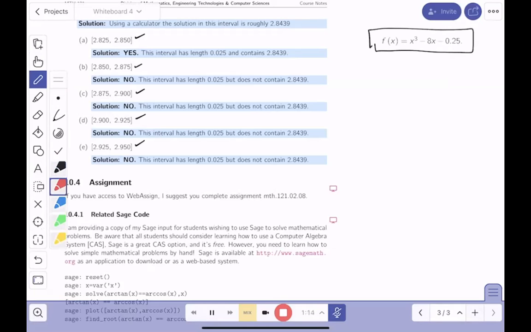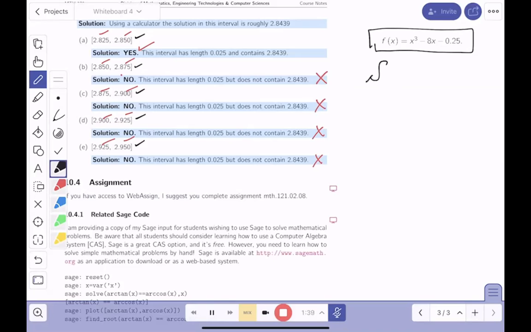You want to look at the endpoints. You want one to be positive, one to be negative. If you do that, you're going to find out that this one's okay. The others are not okay. But it's going to require, for most people, myself included, the use of a calculator.